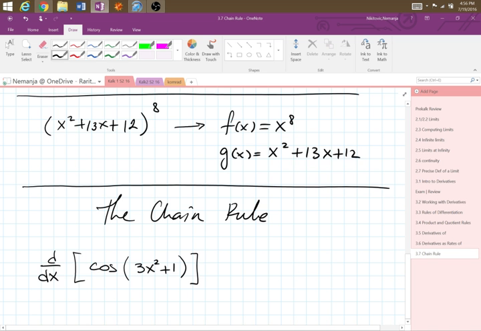How to find the derivative of this. So now I want to first understand that f of x, which is the outer function, is cosine x, and then g of x, which is the inner function, is going to be 3x squared plus 1.